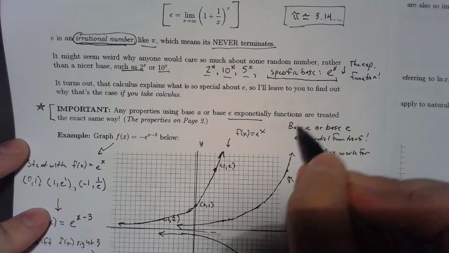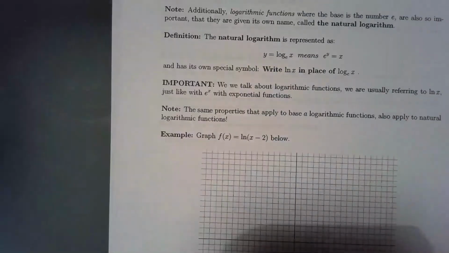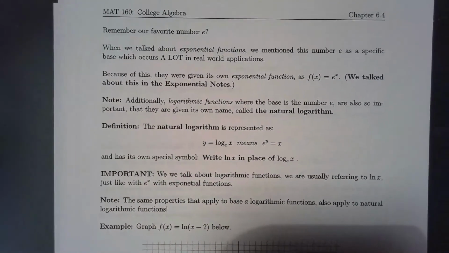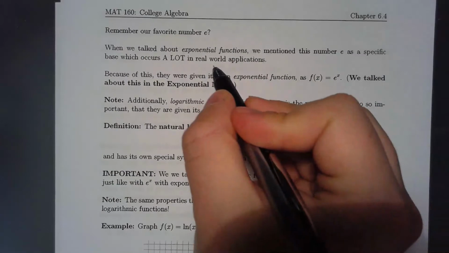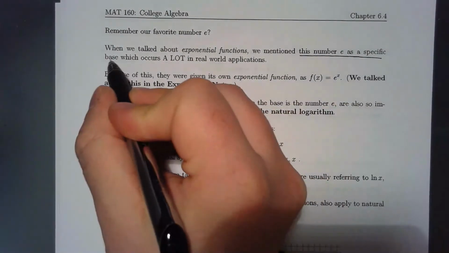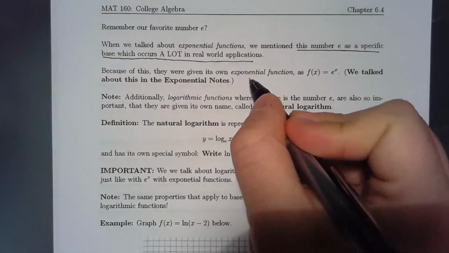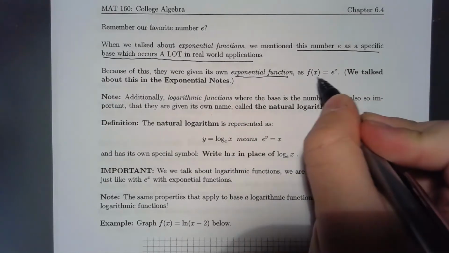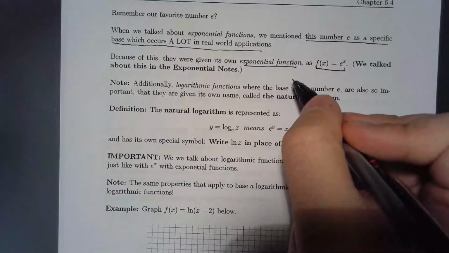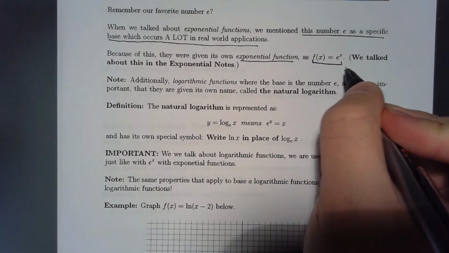That was a specific exponential function. Well, similarly, by extension, we mentioned this number e as a specific base, which occurs a lot in real-world applications. Since we do have an exponential function, which we know as f of x equals e to the x, then this has a corresponding logarithmic function as well, right?